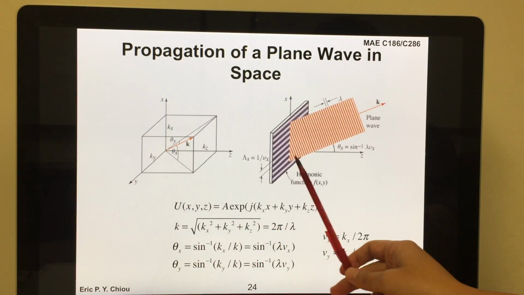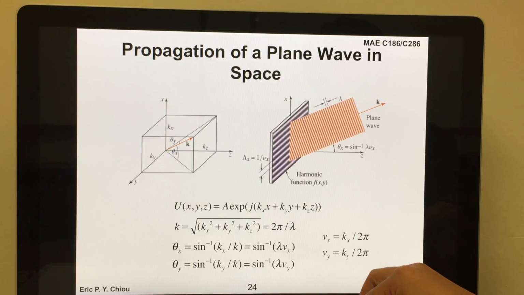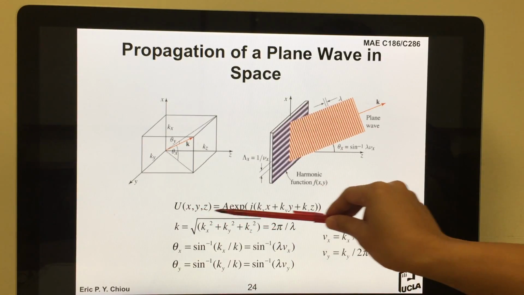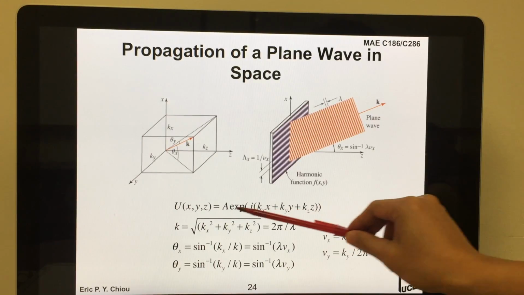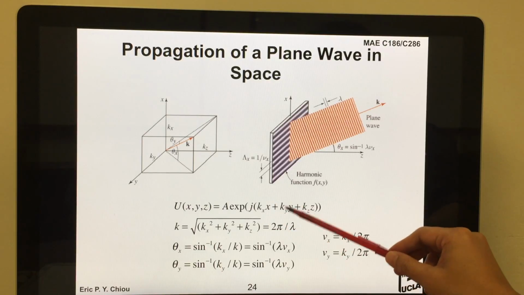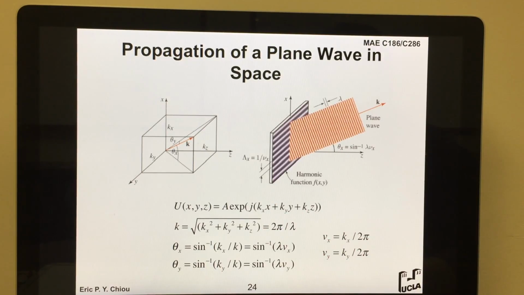Here, let's say you have a wave that can be expressed in x, y, z in this way. You have the amplitude, and it has its phase term, exp of j times (kx x + ky y + kz z).